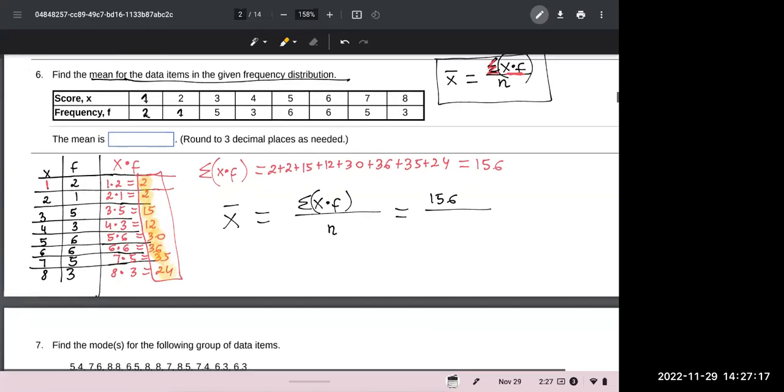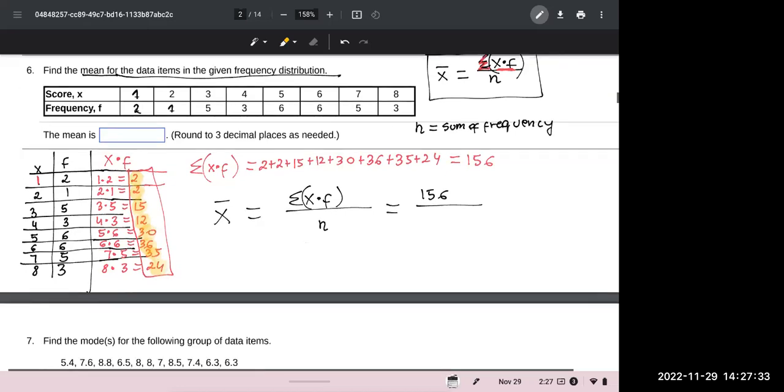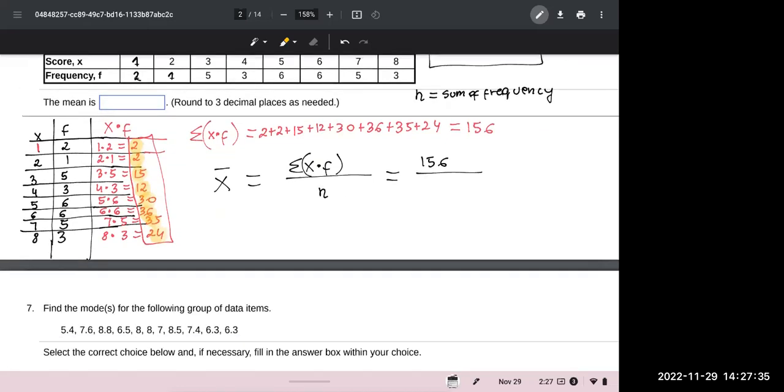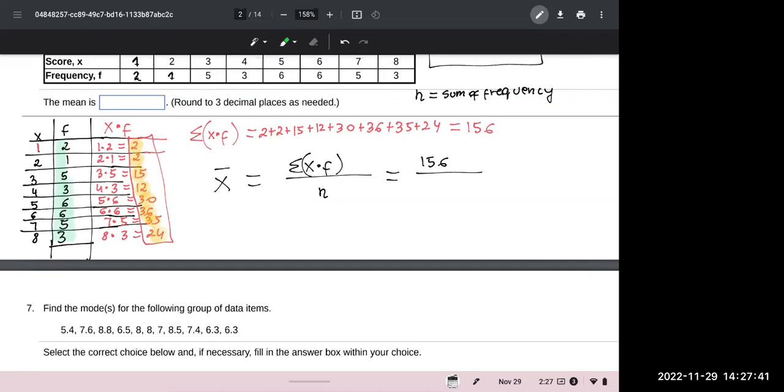Just remember that n is the sum of frequencies. If you add all the frequencies together, that will give you n.